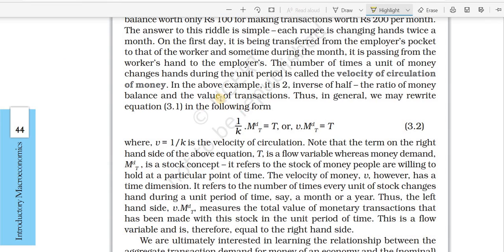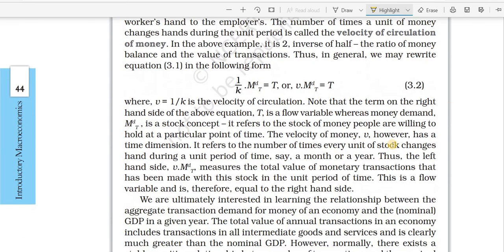Here you can see the equation: 1 by K into transaction demand for money equals T, where T means transaction flow, or velocity of transaction demand of money equals T.